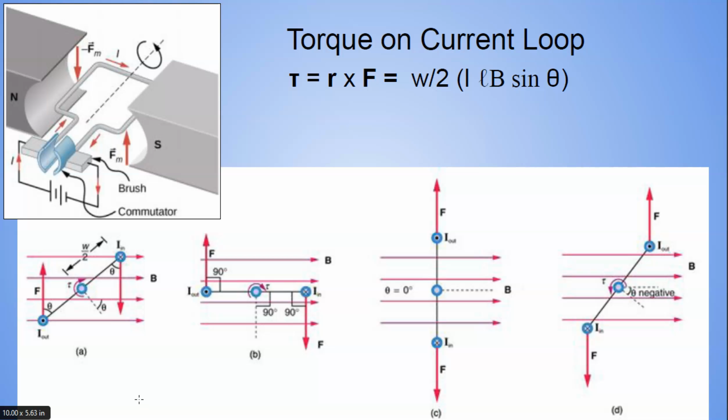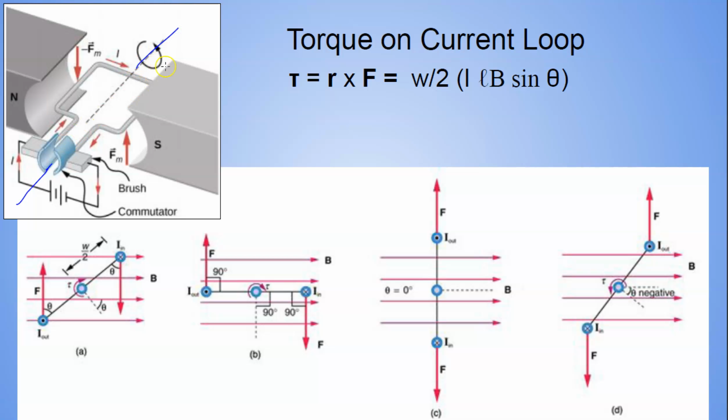This, though, is a pretty important one. I've got a magnet here. It's typically a permanent magnet, but an electromagnet will also work, either one. When I pass a current through a loop right here, that's going to create a magnetic field. That magnetic field will interact with this magnetic field and put a force on it. Specifically here, this thing is made to rotate.